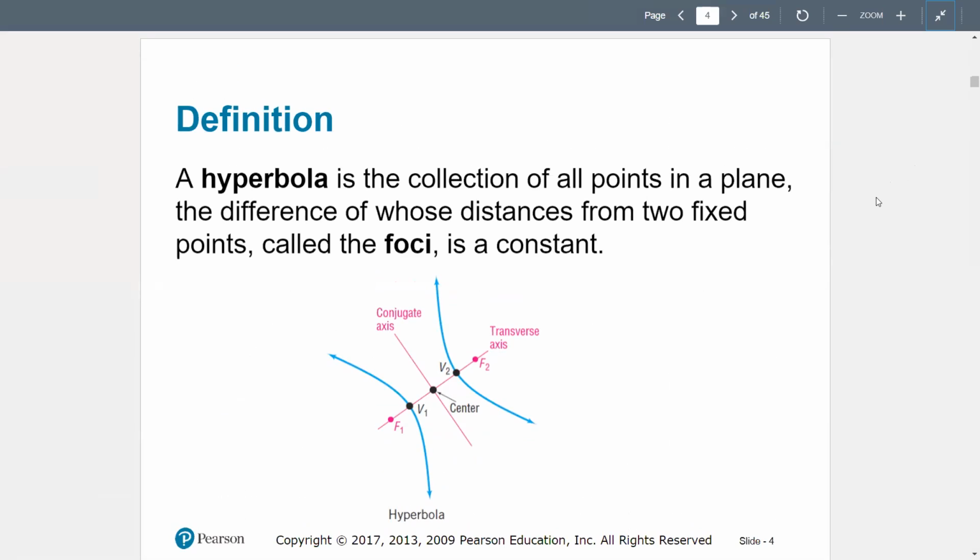So a hyperbola is the collection of all points in a plane, the difference of whose distances from two fixed points called the foci is a constant. So it's kind of like taking the ellipse and folding it outwards instead of making them come together.